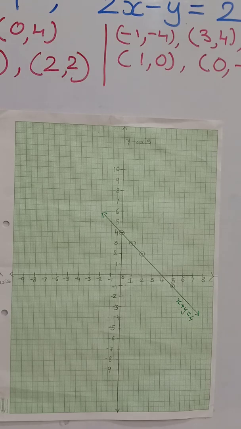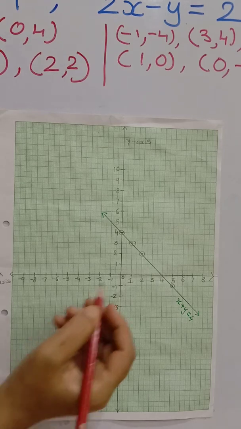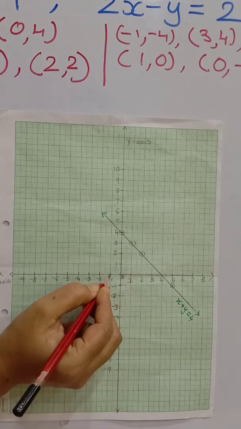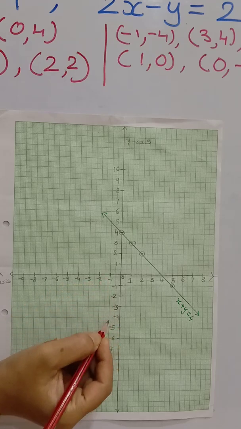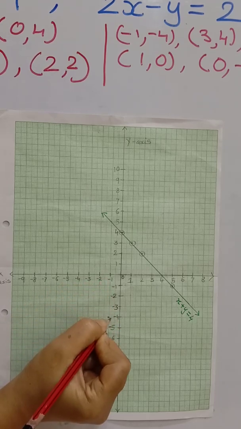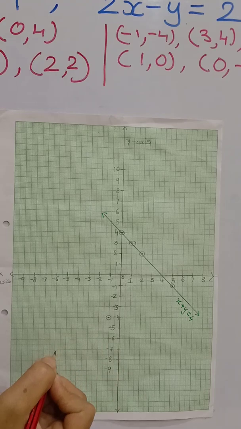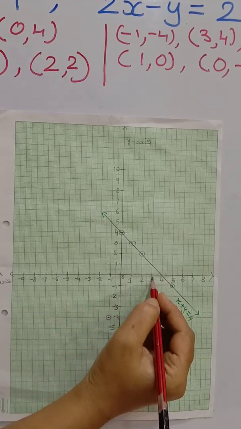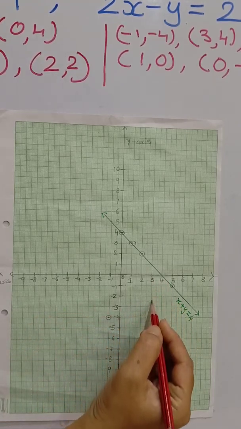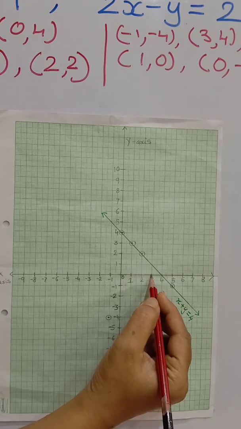Now let's quickly plot for the second equation, that is 2x minus y equal to 2. Minus 1, minus 4. So here this is minus 1 and you have minus 4. Minus 4 will be here. So you'll get first point somewhere over here. Second is 3, 4. X-axis 3. Y-axis you have 4. Sorry, 4 will be up.